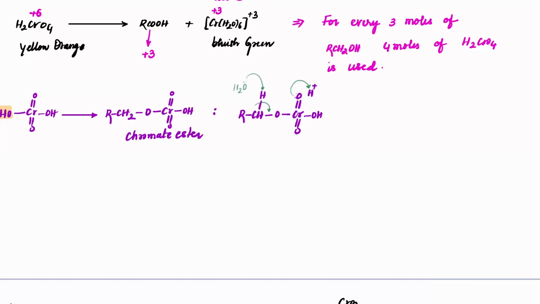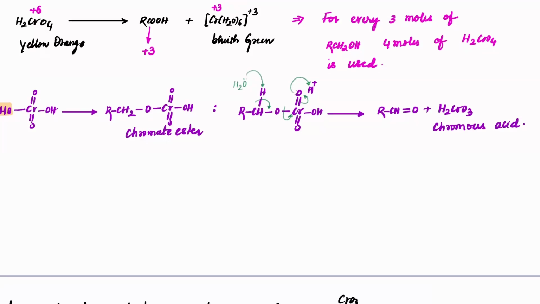This bond will be pushed and electrons will be pushed towards chromium, and this bond will be pushed towards oxygen. So this movement of electrons will cause this chromate ester to convert into R, CH double bond O. Now this has become H2CrO3, chromous acid. So chromic acid will first convert into chromous acid.